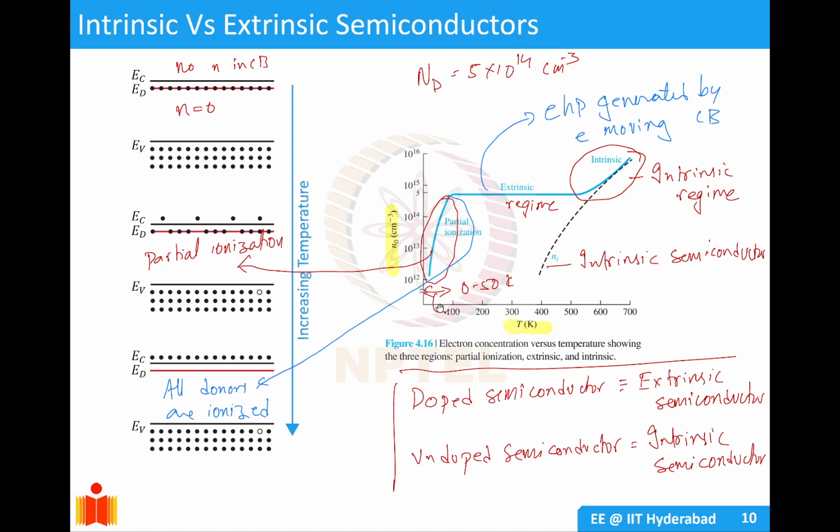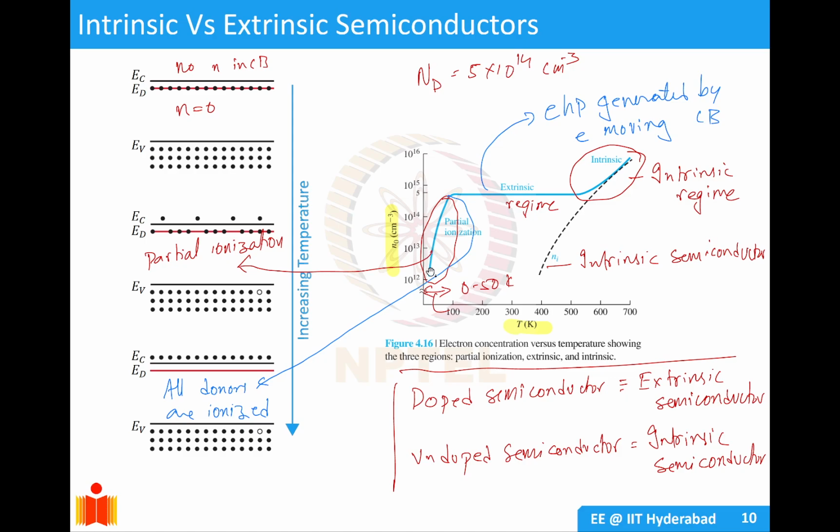Whereas for very low temperatures, you have something called freeze out, where the energy states in the acceptor or donor energy bands are not getting filled or emptied properly, so there is a lower electron or hole concentration in the conduction and valence band respectively.